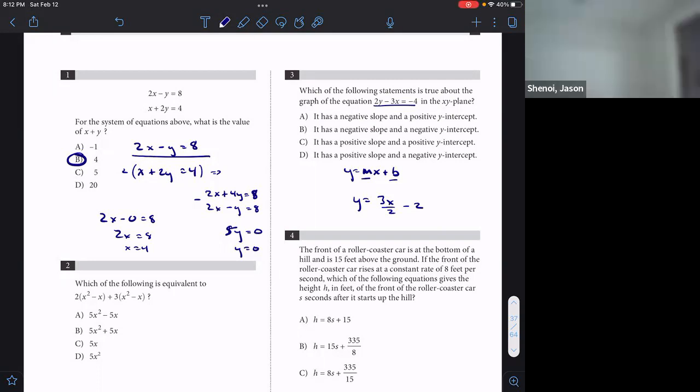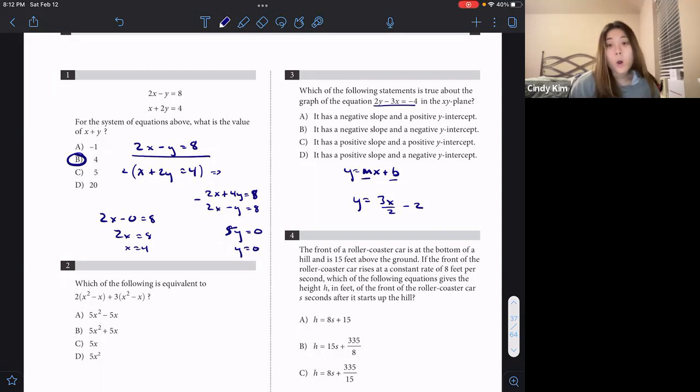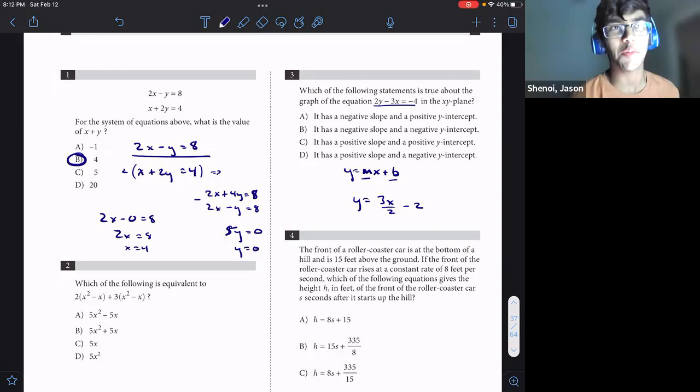Okay. What is m? Come on, we went over this. You know it in Korean.